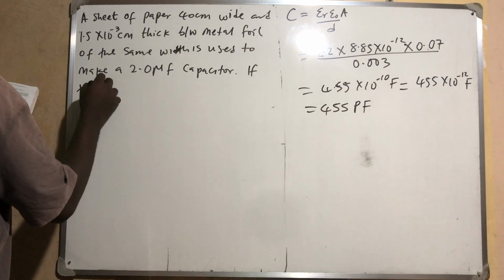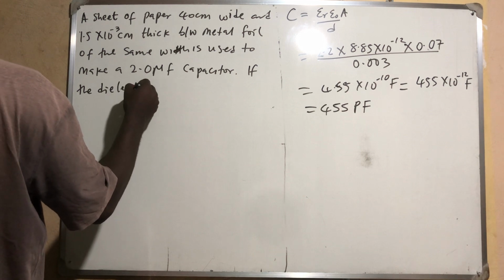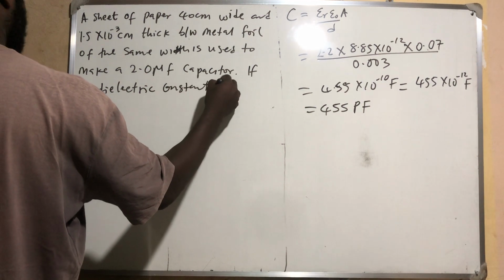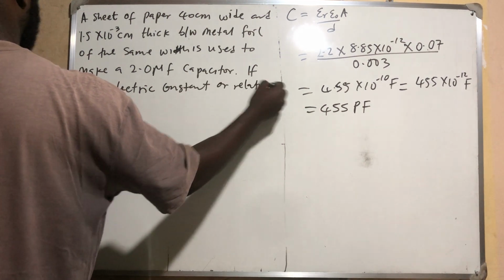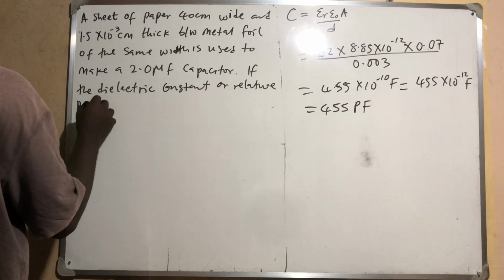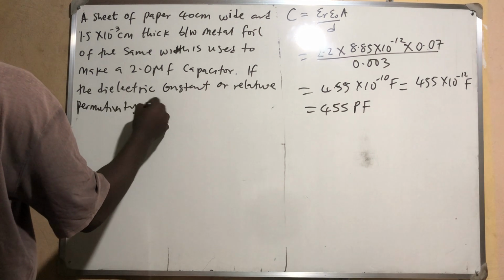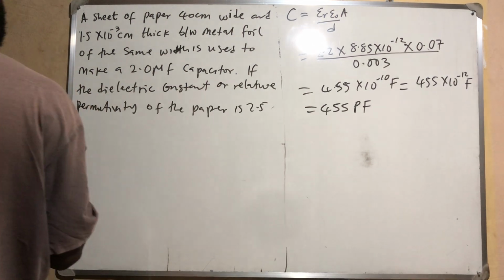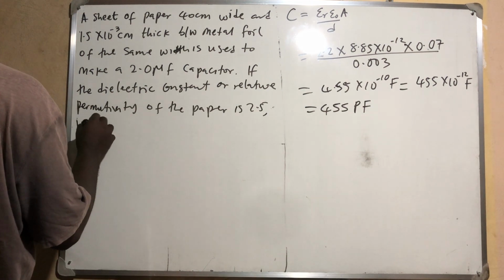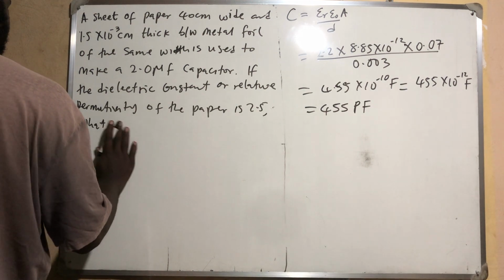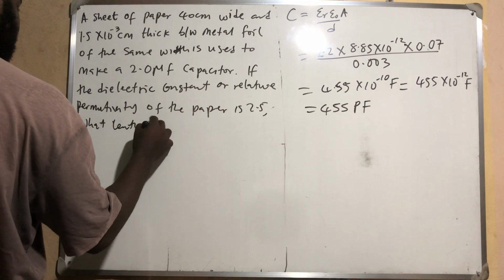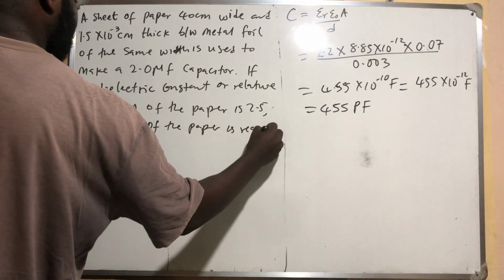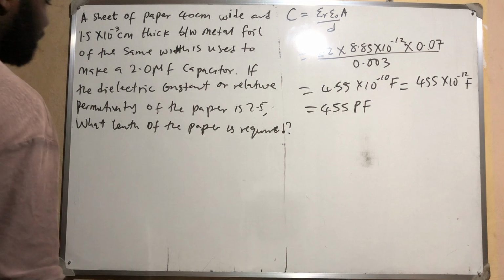If the dielectric constant or relative permittivity of the paper is 2.5, then what length of the paper is required? Okay, they're asking us the length. Solution.